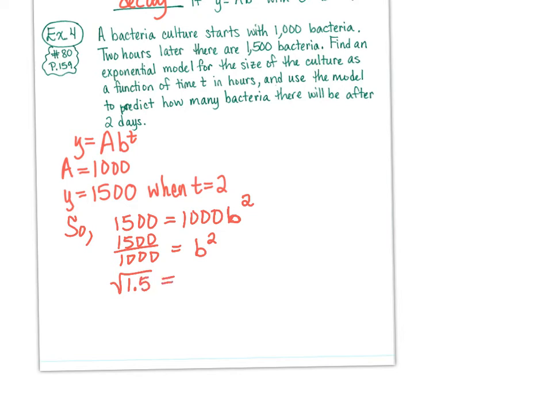The square root of 1.5 would then be b. Technically we would have plus or minus, but will we have a minus here? No, we won't, okay? So we can just say b is equal to the square root of 1.5, or we can write that as b is equal to 1.5 raised to the 1/2. That's another way of writing that.